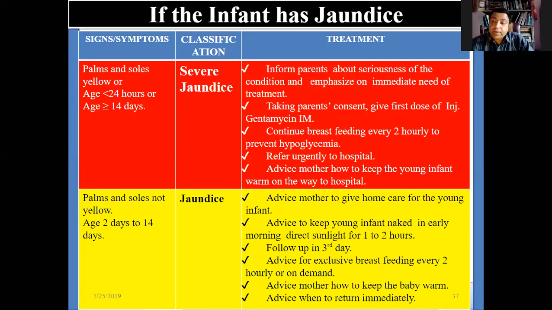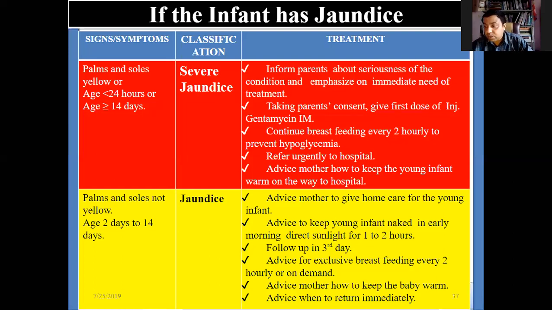Now, if the infant has jaundice, then what do you need to do? Signs and symptoms: palms and soles yellow, or age less than 24 hours, or age more than or equal to 14 days.